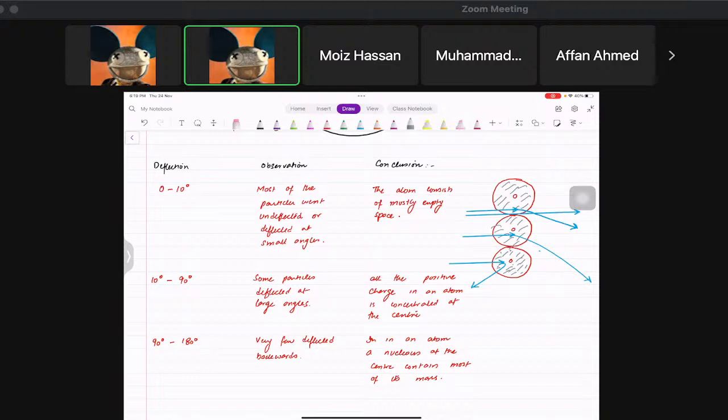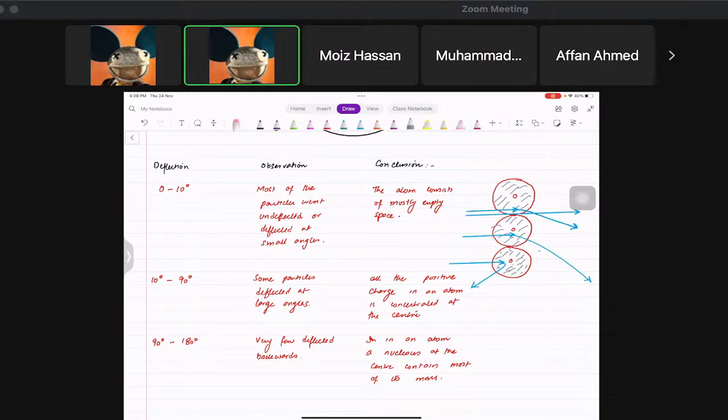Those particles which came close to the nucleus were deflected at large angles because the nucleus is positive and alpha particles are also positive. And those particles which came directly in front of the nucleus can't break it, so they have to go back, because of the repulsion between positive and positive.